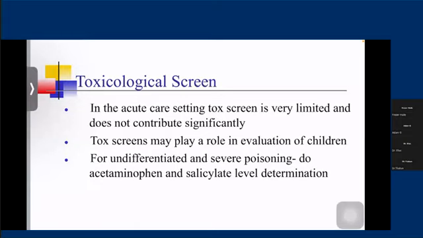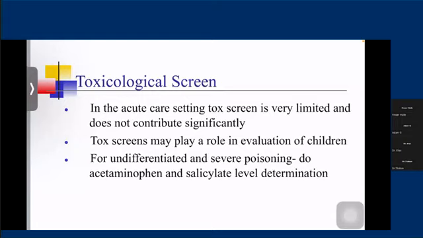So it is really very limited and does not contribute significantly, but it may play a role in the evaluation of children, and also in certain other conditions, especially the patient who presented with phenobarb poisoning, salicylate poisoning, and paracetamol acetaminophen poisoning. Sending for a toxic screen is very important.